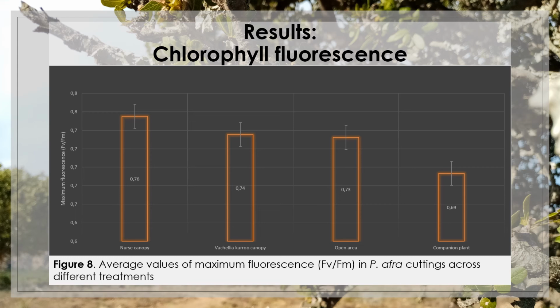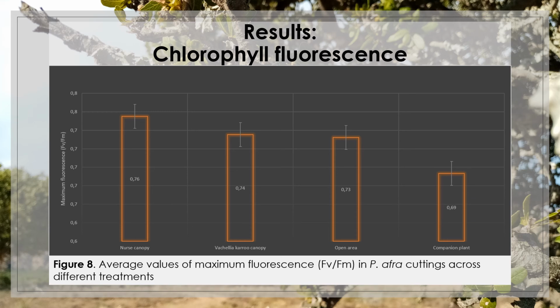The cuttings planted in the open area were slightly lower than those within the Vacilla canopy, and that could also be a result of them having access to sunlight for a much longer period of time compared to the cuttings that were planted underneath canopies.